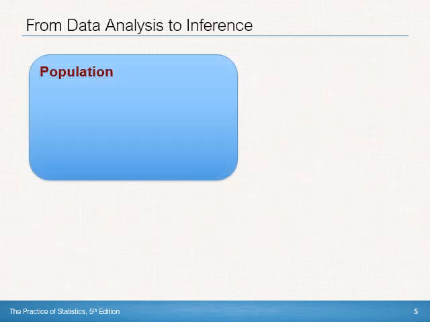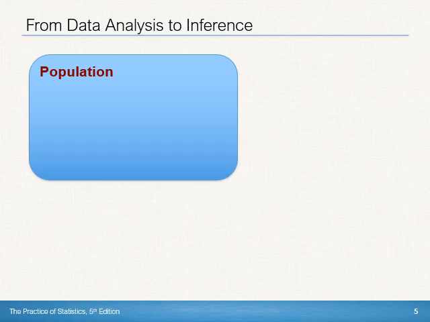All right, so this current slide is sort of what we do in a nutshell. The whole point of this class is eventually to get to something called inference. And so here we have the beginnings of a Venn diagram. So we have the population. Now this population could be the seniors at Montclair High School.